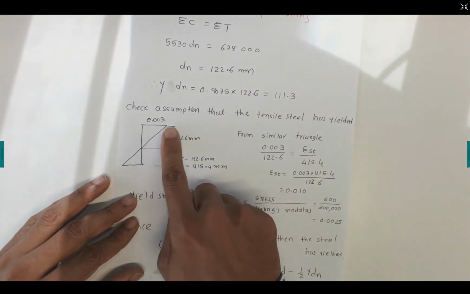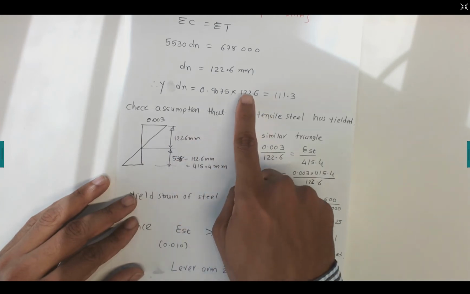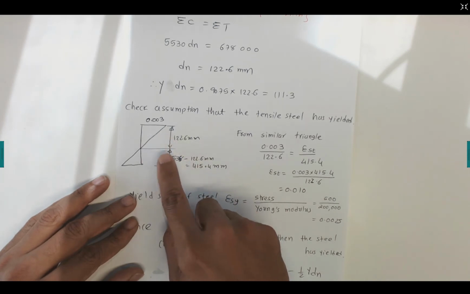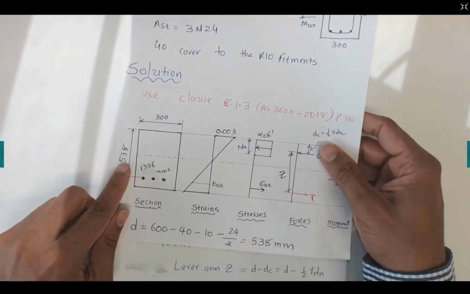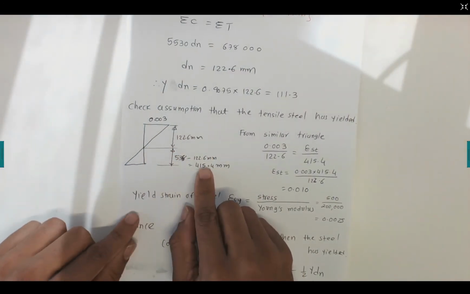So I just draw the strain diagram again, and this is the depth 122.6 that we calculated. Now this region here, let's say this is compression and this is tension, this tension region we calculated as 538 millimeters. If you remember, that 538 millimeters that we calculated, minus 122.6, gives us 415.4 millimeters.